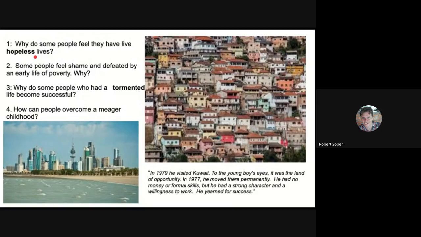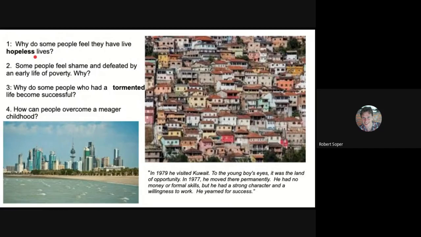Well, one reason people might think they live hopeless lives is because they are poor or come from a meager existence. Remember, some people are born into poverty and they believe there is no chance to escape their poverty. So they might feel that their lives are hopeless because of the life they were born into.